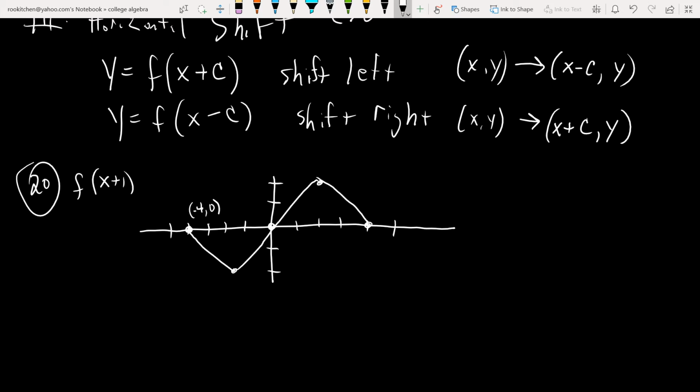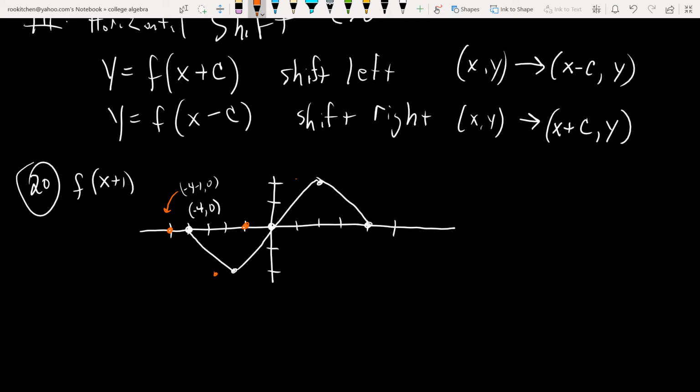We're going to subtract the x coordinate by 1. Okay, so that'd be -4 minus 1, so -5, and 0. Okay, so the new point would be over here. And literally all it's doing is just shifting every point 1 to the left.